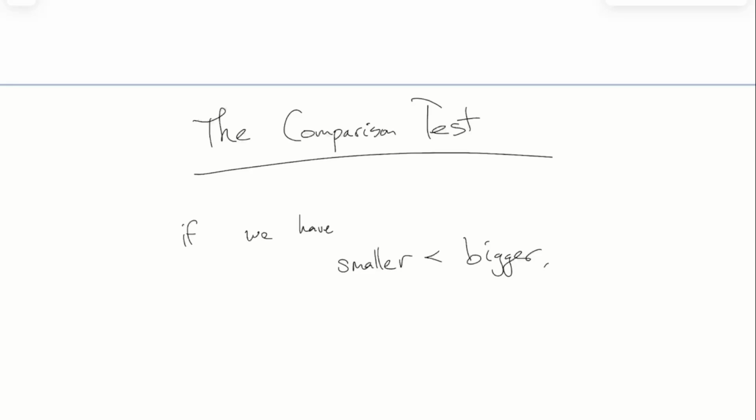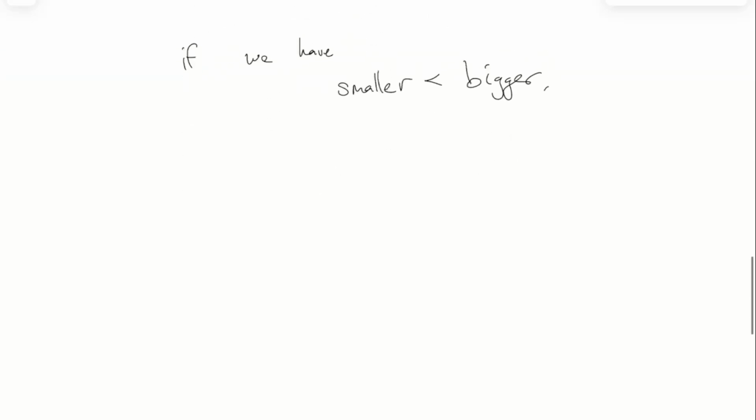So I'm going to write this in more formal terms, but it's all just based on, if we have smaller less than bigger, the convergences are related in that slightly complicated way that I just said. That is to say, if the bigger one converges, the smaller one also converges, and if the smaller one diverges, the bigger one also diverges.